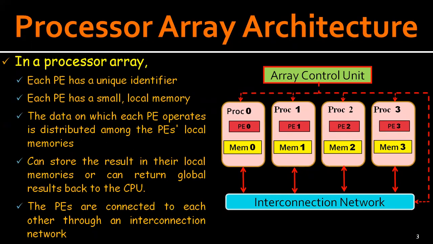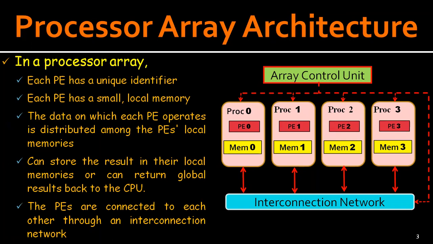The control unit, which might be a full-fledged CPU, broadcasts the instructions to the PEs, which execute on data from their local memories. They can store the results in their local memories and can return global results back to the CPU.